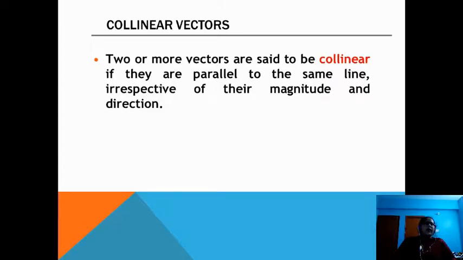Basically, parallel vectors can be said to be collinear, and even vectors lying on the same line are of course collinear. In that case we don't need to consider their magnitude or their direction, in the sense that they can be opposite vectors.